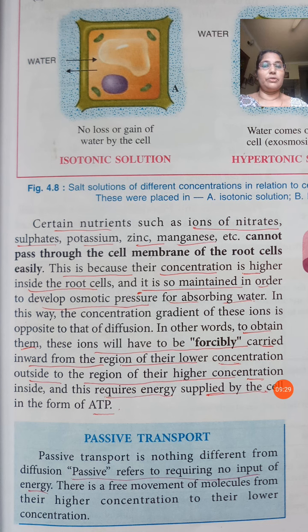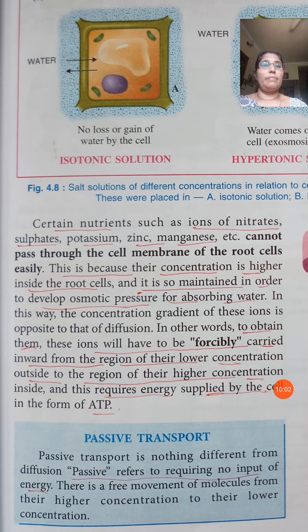In diffusion, we know that only water molecules move from their higher concentration. The water molecule concentration will be more in the outside area, so it may diffuse into the cell through the cell membrane. But the salts are absorbed by active transport. Forcibly it is absorbed by the root hairs, using energy in the form of ATP.